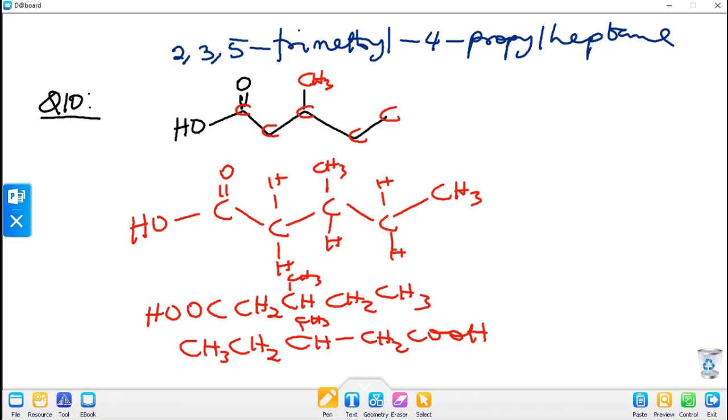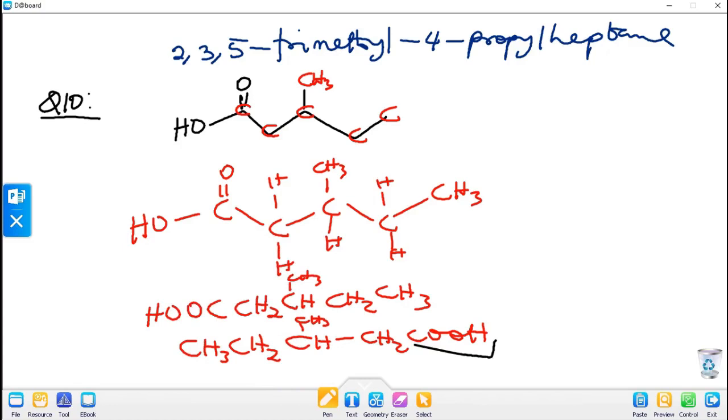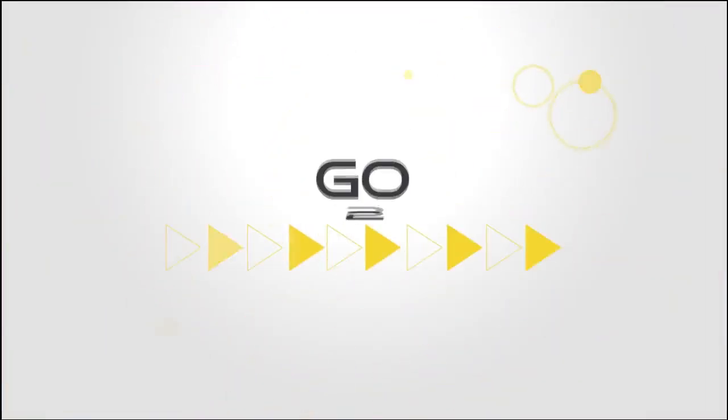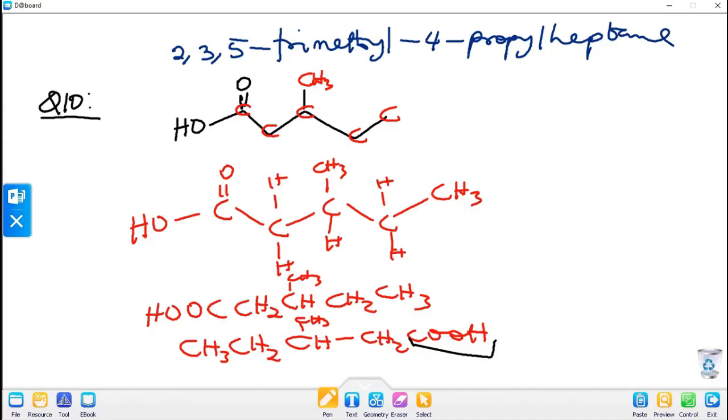So what is the name of this compound? As you can see, there is COOH. The presence of COOH tells you it is an alkanoic acid. Whenever you see COOH, it's an alkanoic acid.